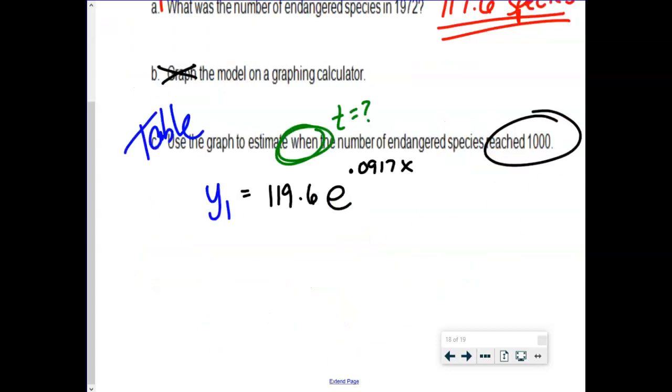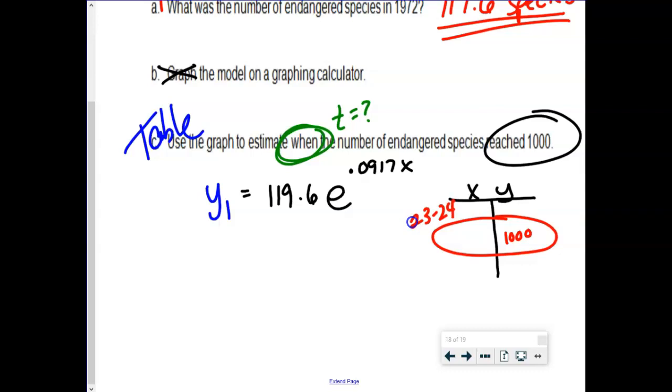And again, guys, you're not going to get an exact answer. You're going to tell me between such and such years. But I need you to look on your table, try to see when it hits about 1,000 over here. About 25 years? 23 to 24?